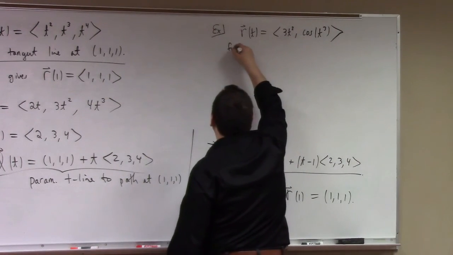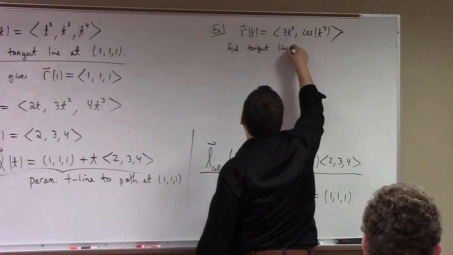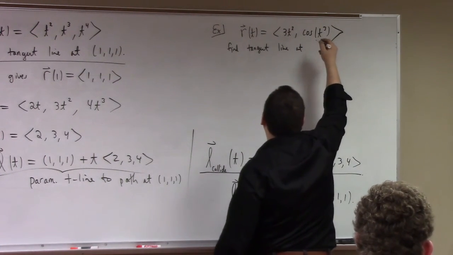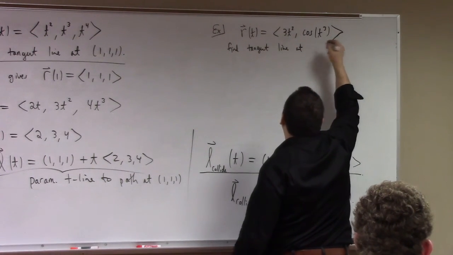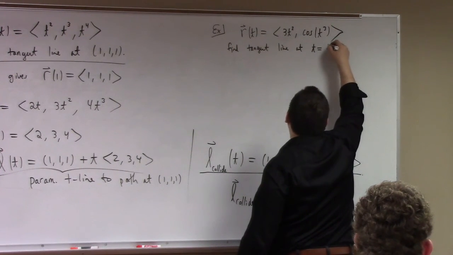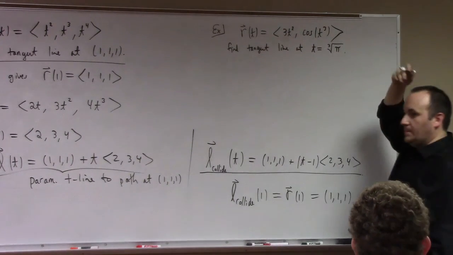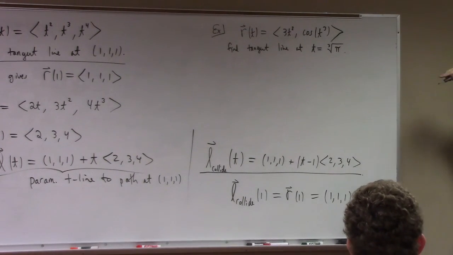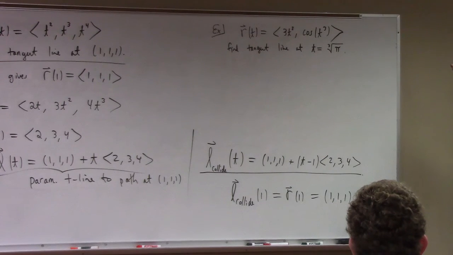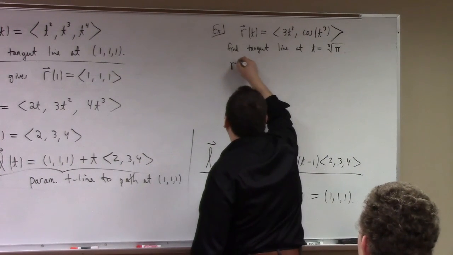And I say find the tangent line at, let's say, t equal to the cube root of pi, right? I mixed it up: in the previous example, I gave you the point of tangency. Now I'm giving you the parameter. So what would the point of tangency be?